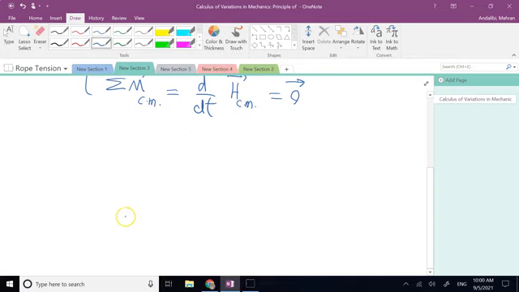For example, let's say here you have the simplest 2D truss that you can have, like this. So this is one member here, and then you have another member like this here.